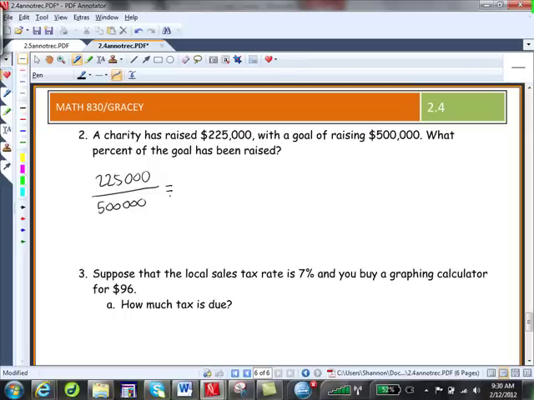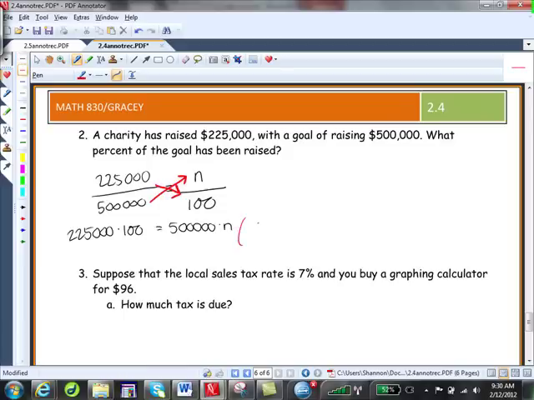That is equivalent to, well, we don't know the percentage, so we'll just say n over 100. So now we have a proportion. We can cross multiply. So we will end up with 225,000 times 100 is equal to 500,000 times n.